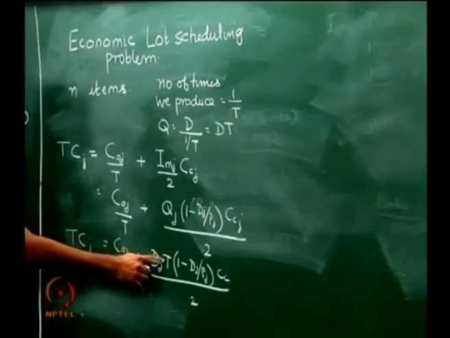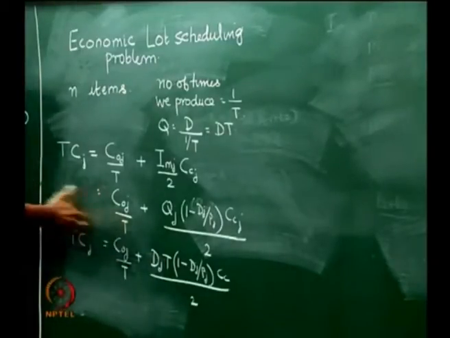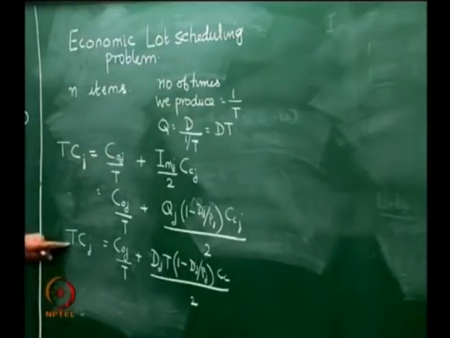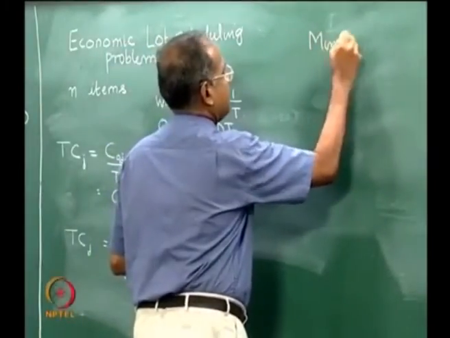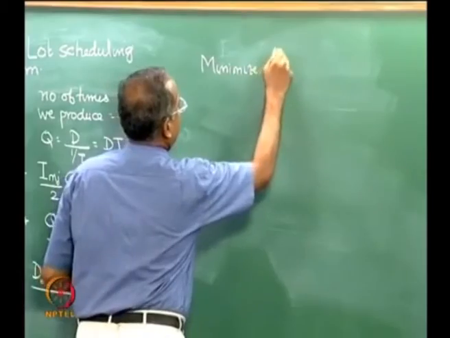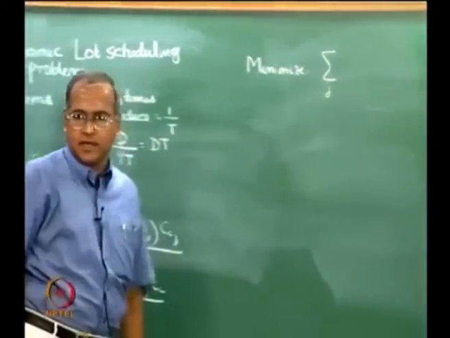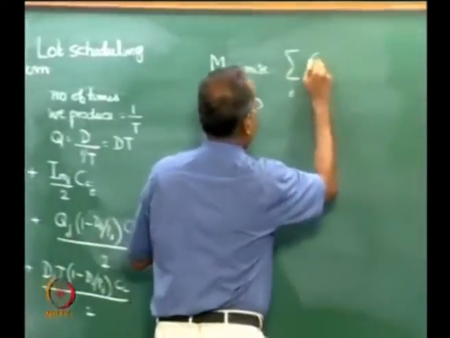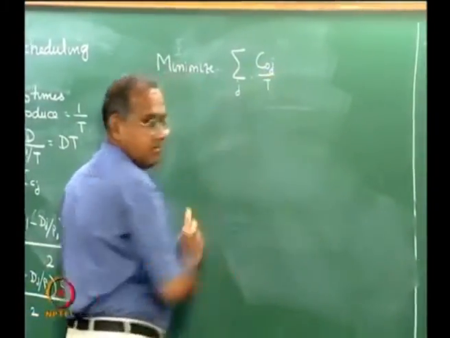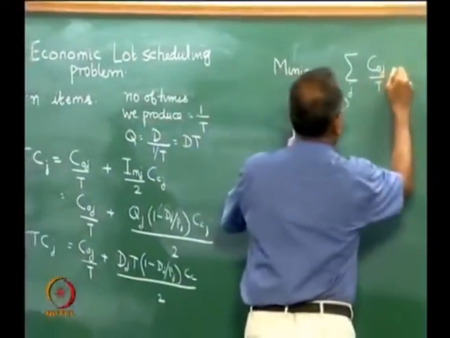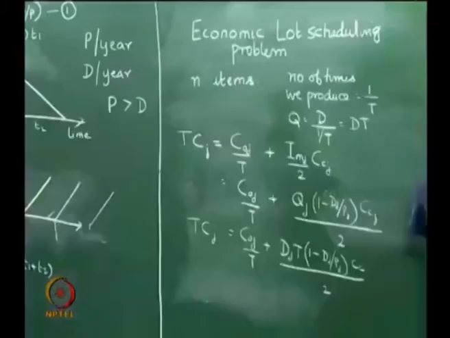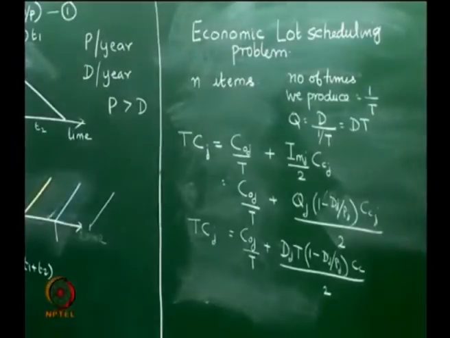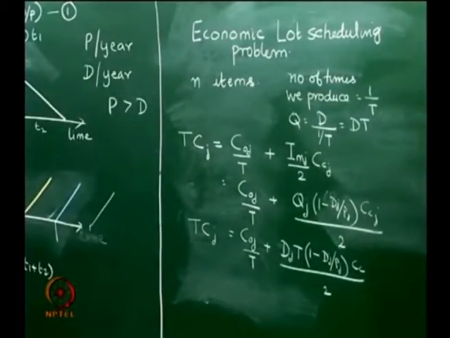So, now we want to find out T such that we minimize the sum of the costs for all the items. This is for the jth item. So, we want to minimize, summed over j for all the items, C naught j by T plus d j T into 1 minus d j by P j into CC divided by 2.